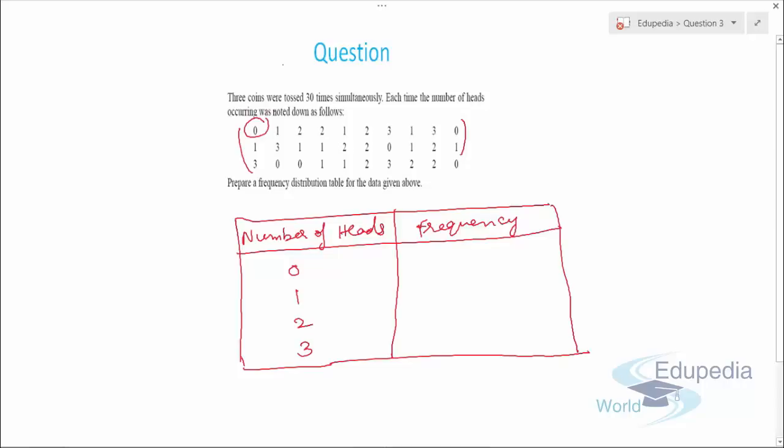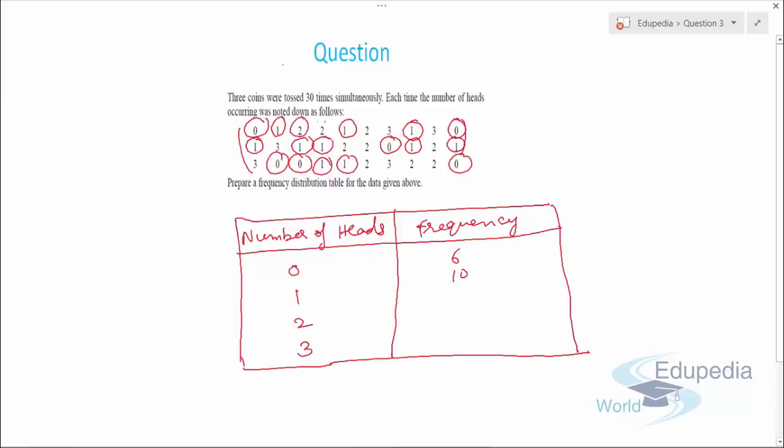So this is 1, 2, 3, 4, 5 and 6. So we have 6 frequency. For the 1 we have 1, 2, 3, 4, 5, 6, 7, 8, 9, 10. So we have 10 over here.